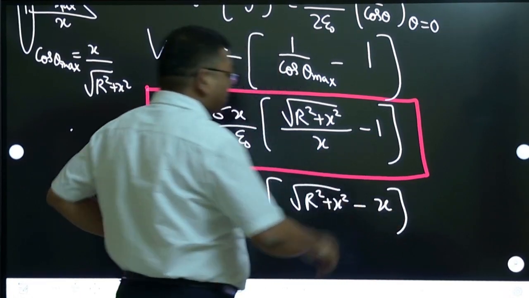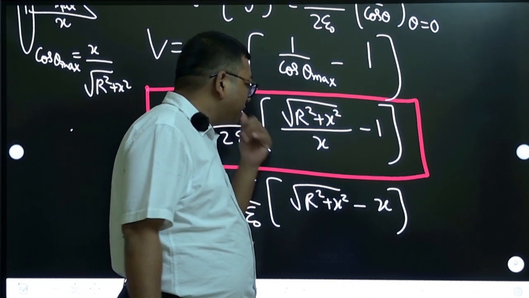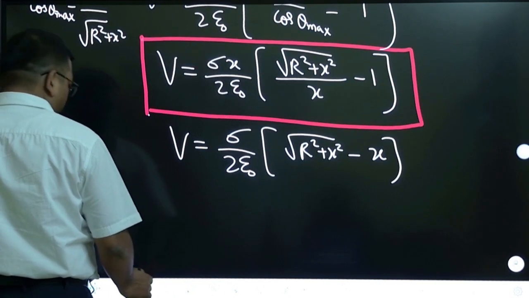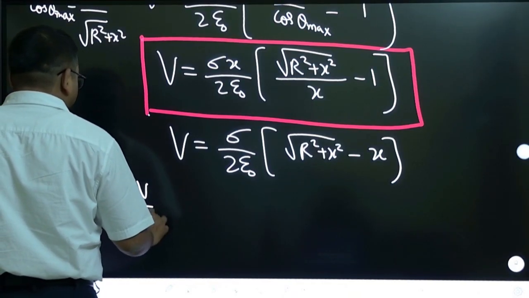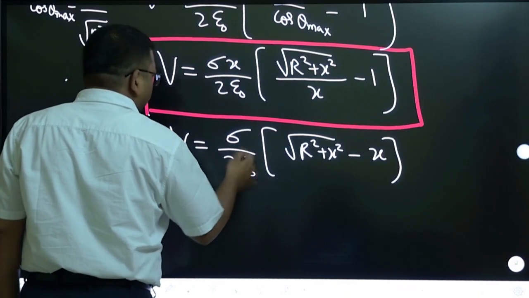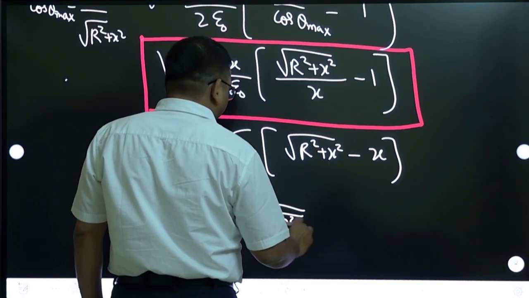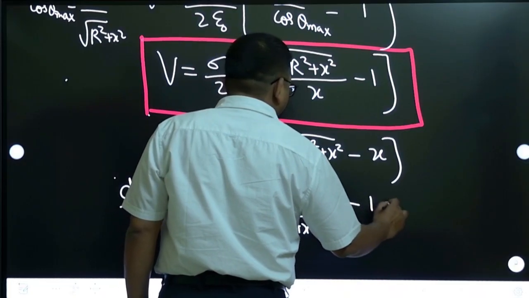You have to do differentiation here, because two terms are coming, you cannot directly compare. So with respect to x, dv by dx is equal to 0. Differentiation of this is 1 by 2 root this, chain rule 2x, minus 1 is equal to 0.